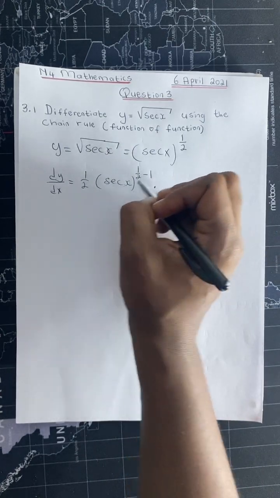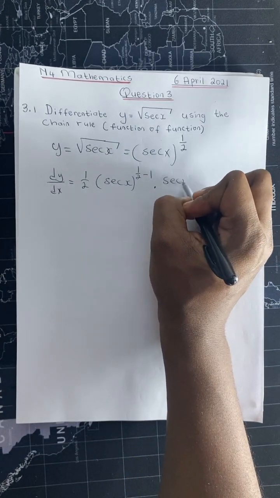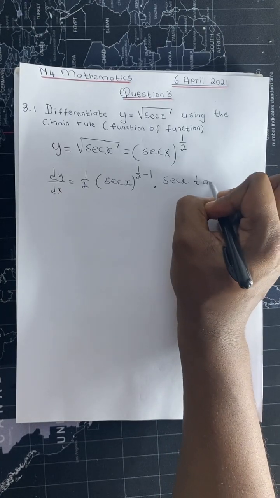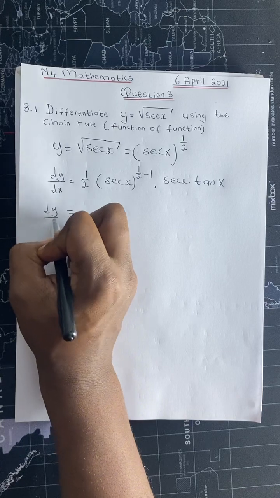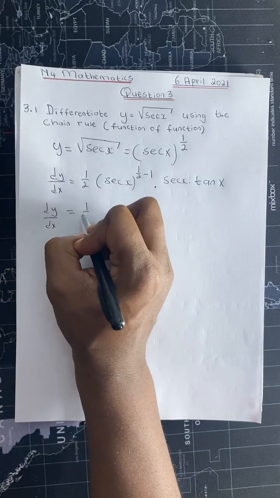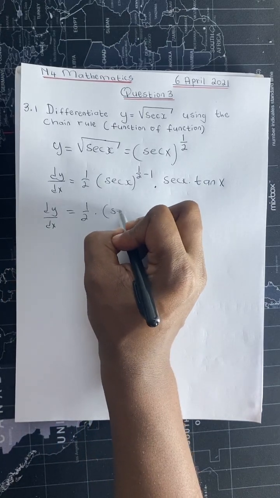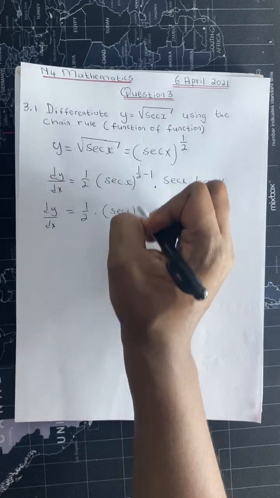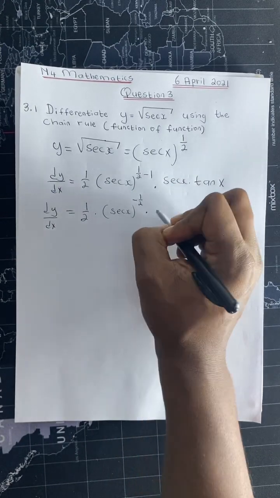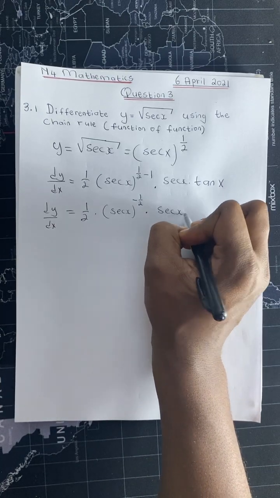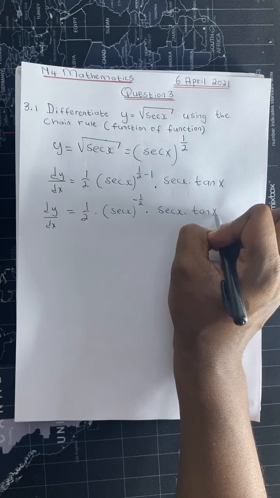So the derivative of sec x is equal to sec x tan x. It's also available on our formula sheet. One half minus 1 is equal to negative 1 over 2, multiplied by sec x multiplied by tan x.